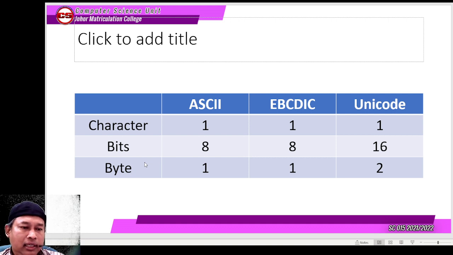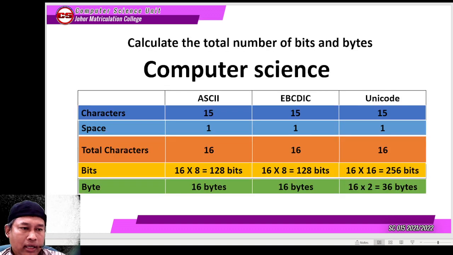So ASCII uses 8 bits, which means 1 character is 1 byte, and EBCDIC 1 character is 1 byte, and Unicode 1 character uses 2 bytes because Unicode uses 16 bits. Alright, this is an example of how to calculate the total number of bits and bytes. Computer science.